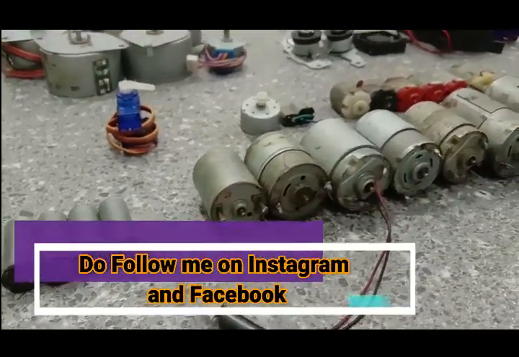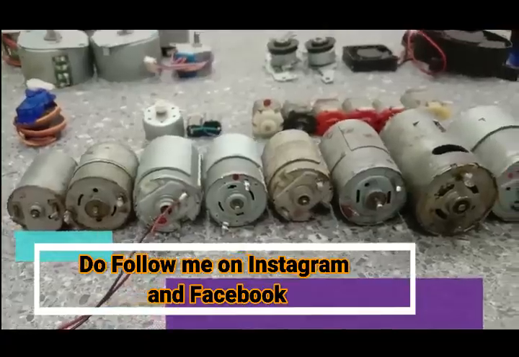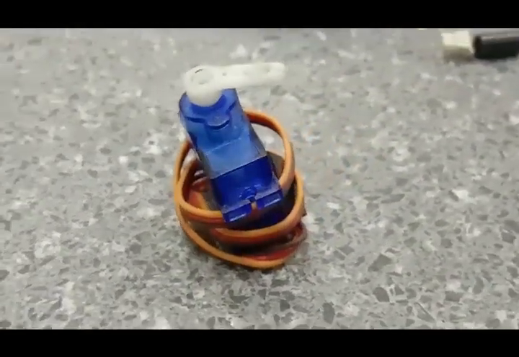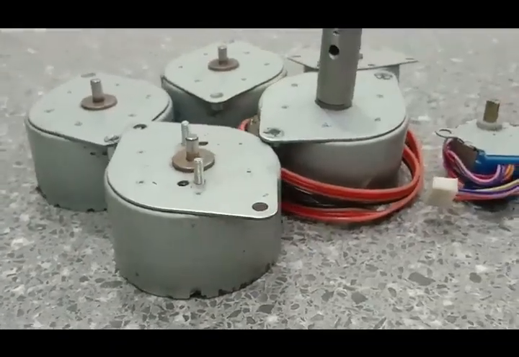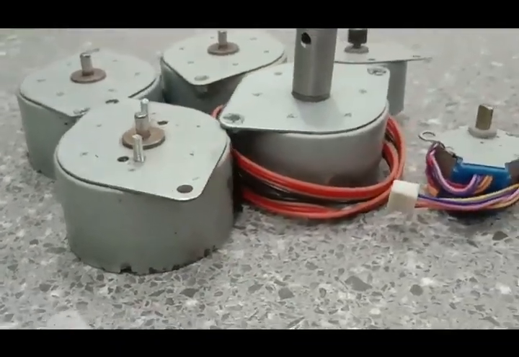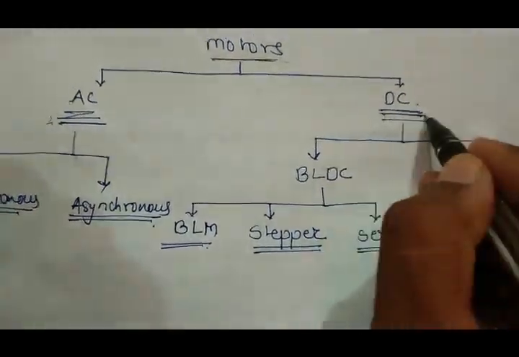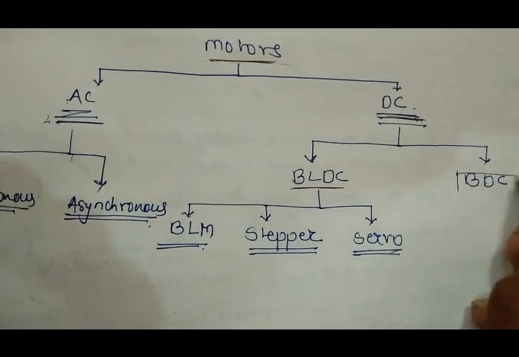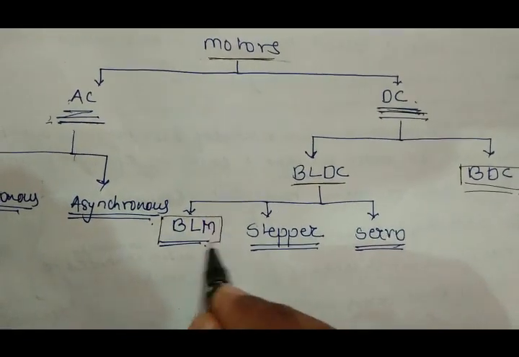So guys, let's see a basic introduction to electric motors and see the different types that we have. Let's start with looking into the taxonomy of motors. The motors are divided into two main types. One is the AC motor and second is the DC motor. The DC motor is further divided into two types, that is the brushed DC motor and second is the BLDC motor, aka the brushless DC motor.